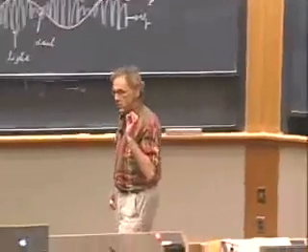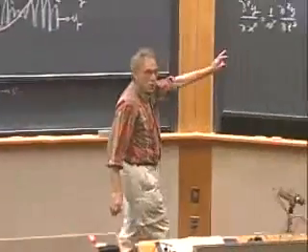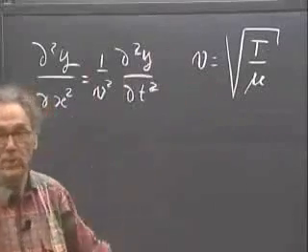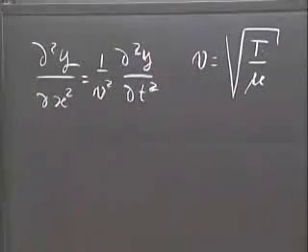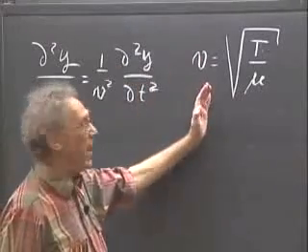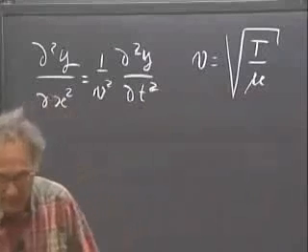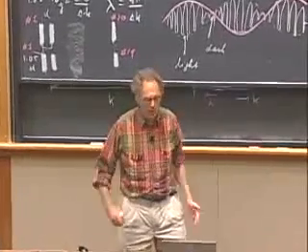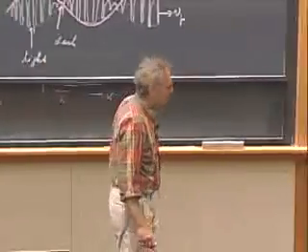In this speed there is no k, there is no omega, so it's a non-dispersive medium. It says that you tell me what omega is, and this is going to be the speed. It's independent of frequency. It's a non-dispersive medium. And the reason for that is because we only took into account that the tension in the string was responsible for the restoring force.